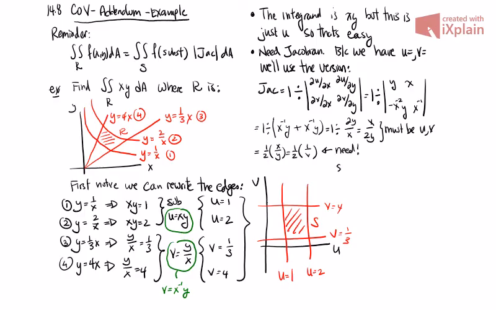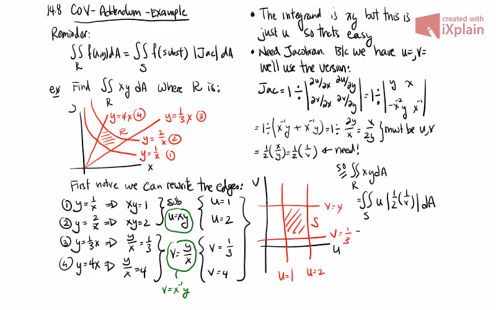Finally, I'm going to make this fit right in here. The double integral over R of xy dA becomes the double integral over S. The xy gets replaced by u. We have the absolute value of the Jacobian and dA.